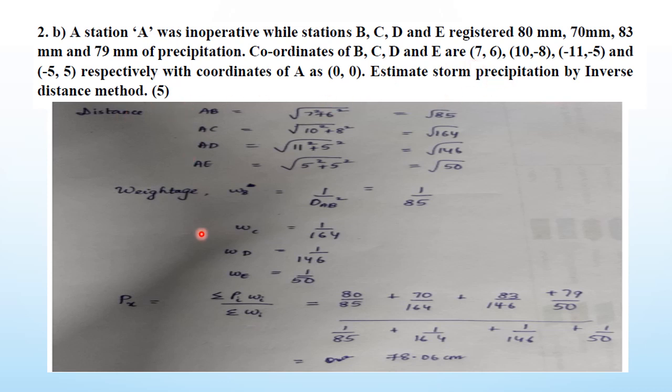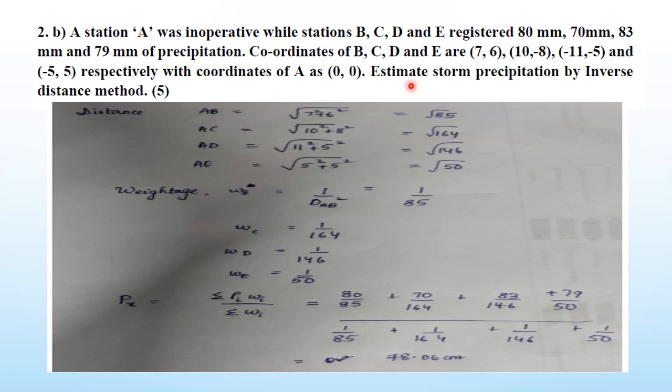For the inverse distance method, we find the hypotenuse using the x and y ordinates. To find that, we need x square and y square, which is 7 and 6 for the distance AB. So 7 square plus 6 square will give you root of 85.